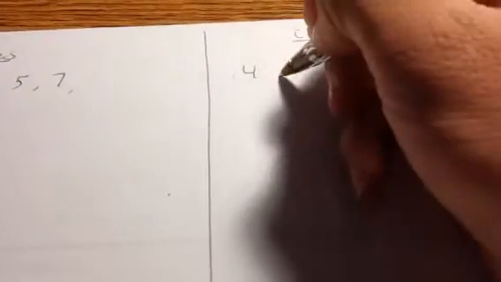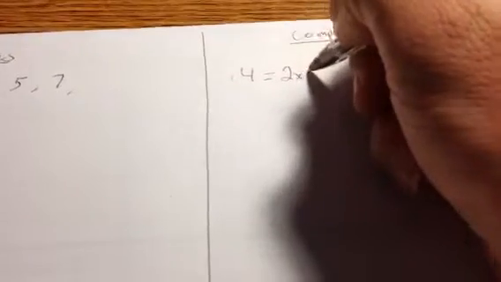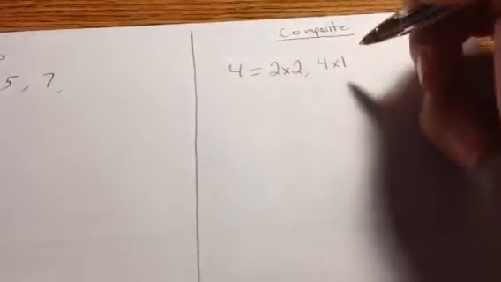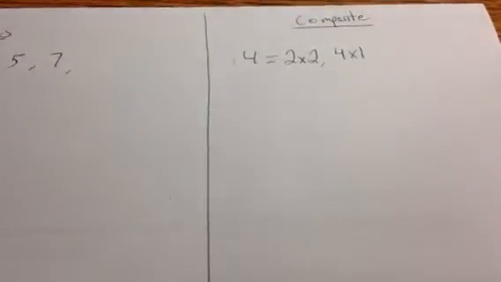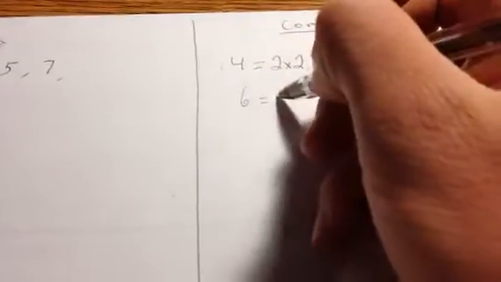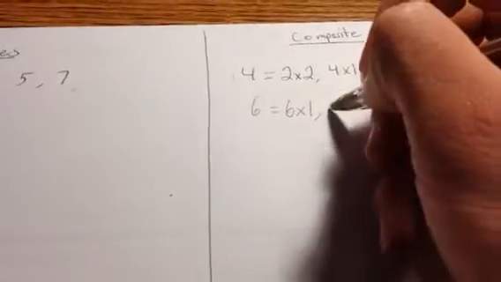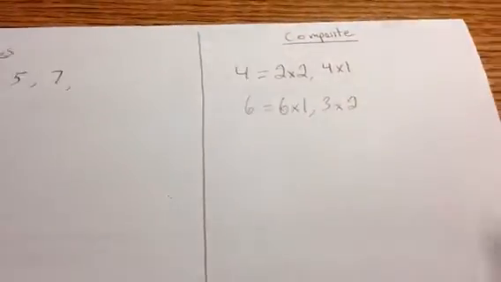For example, 4 is a composite number because it's equal to 2 times 2, or 4 times 1. It has a unique combination of numbers. Another composite would be 6, which can be made of 6 times 1, 3 times 2, and so on.